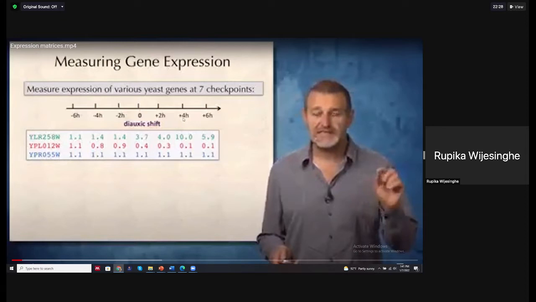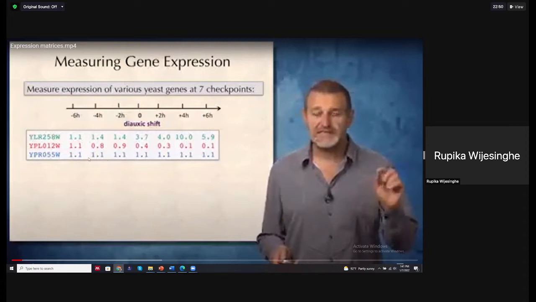That means the mRNA is measured, right? Another 2 hours, expression is measured. Also before, every 2 hours, expression is measured. So we can see how the genes are producing mRNA, right?